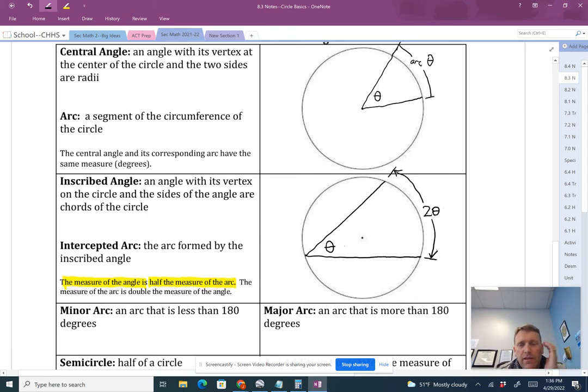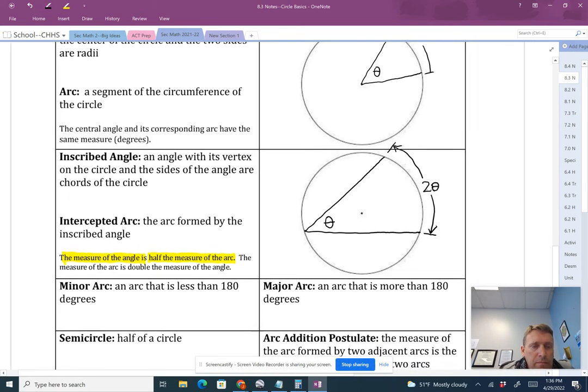So if the inscribed angle is 60 degrees, then the intercepted arc is 120. If it's 40, then it's 80, and so on and so forth. The measure of the arc is double the measure of the angle. It's just another way of saying the same thing, that half of 2 theta is theta.